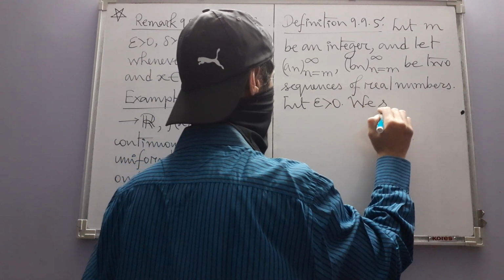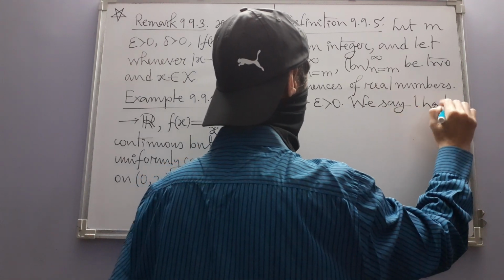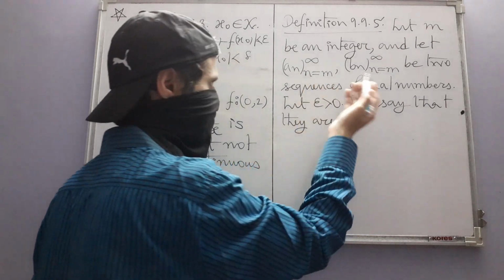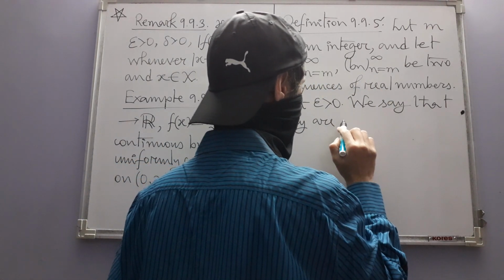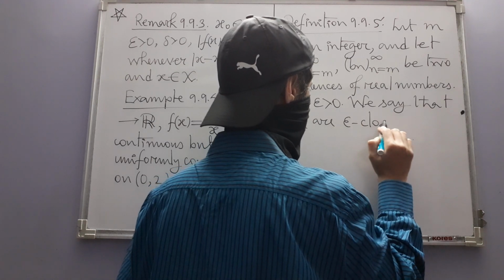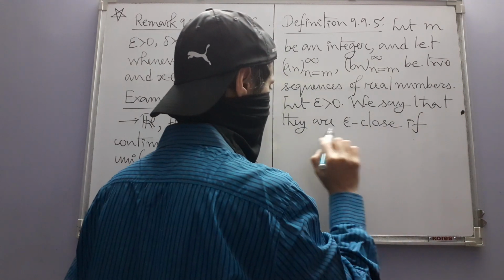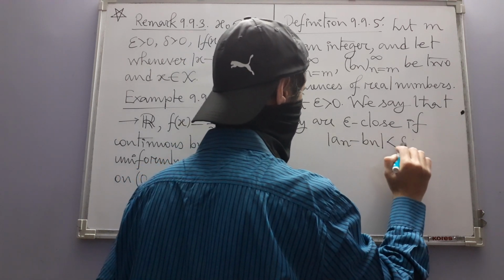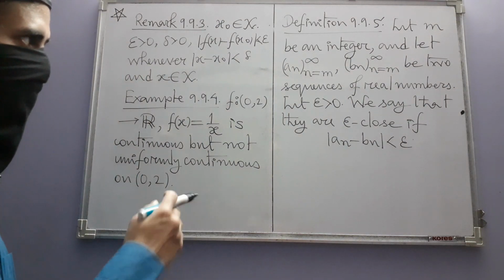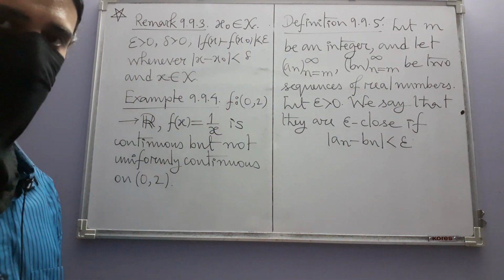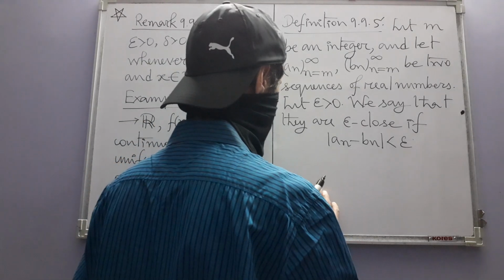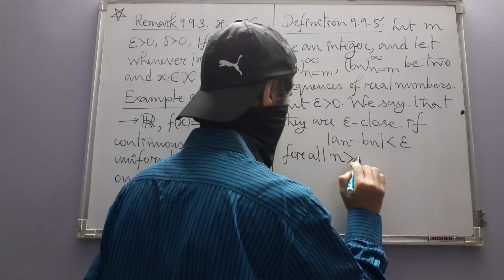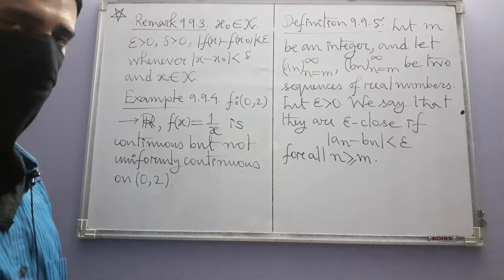We say that the sequences are epsilon close if we have this, that is, term-wise the corresponding terms are epsilon close to each other for all n greater than or equal to m.